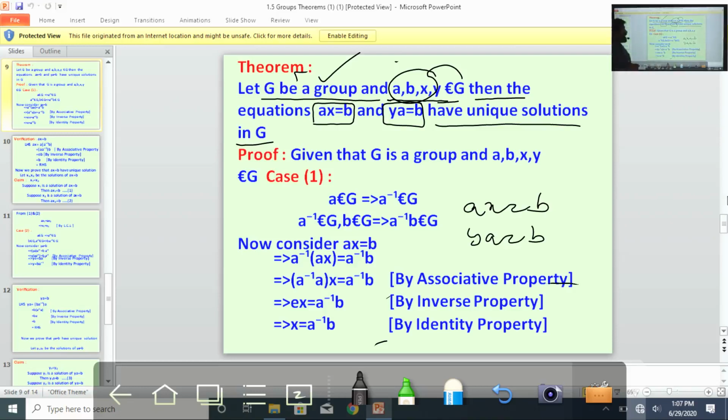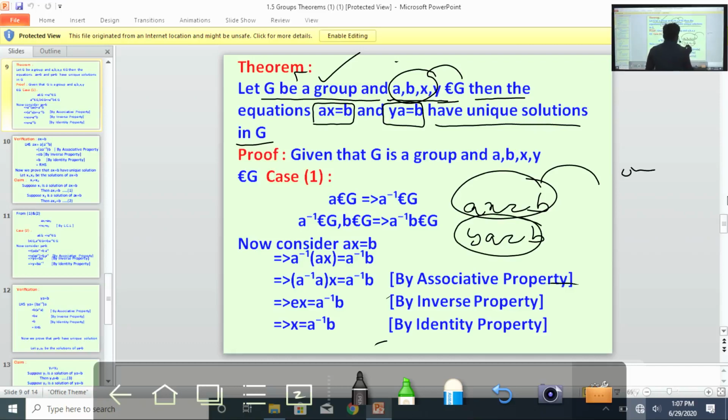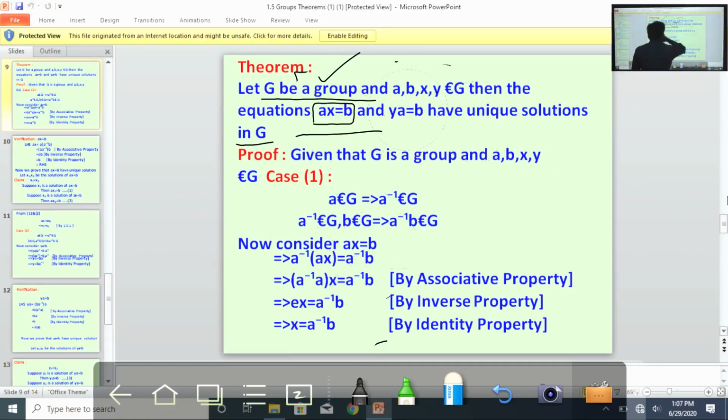First you find the solution of Ax equal to B. Then after that, you need to show that this solution is unique. Similarly, you find the solution of Ya equal to B. Then you need to show that this solution is also unique. Therefore, Ax equal to B, Ya equal to B have unique solutions in G. That is the theorem.